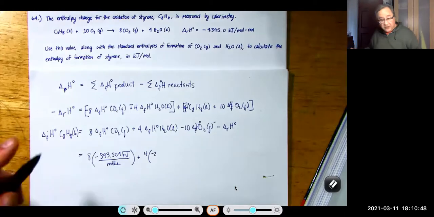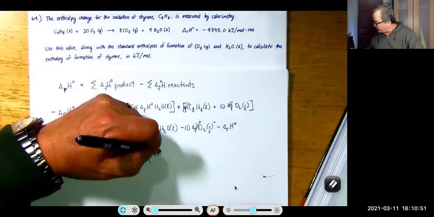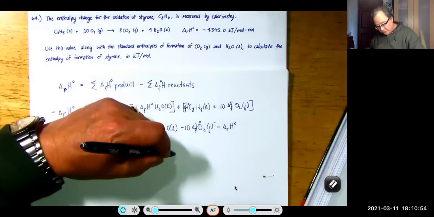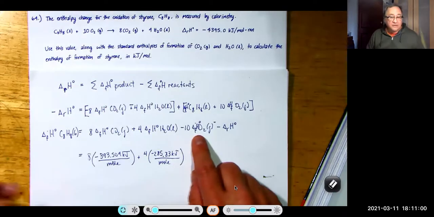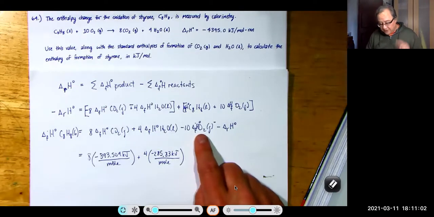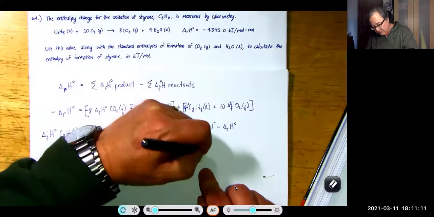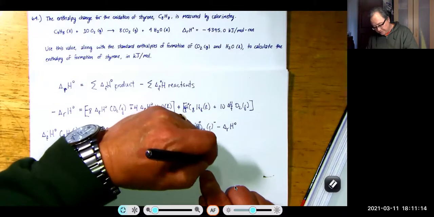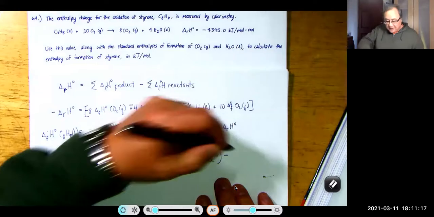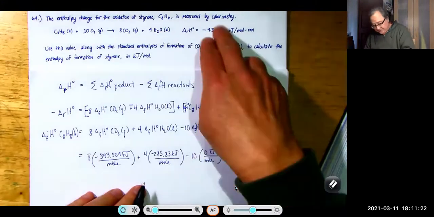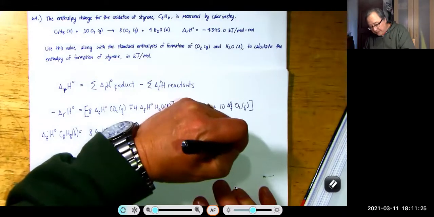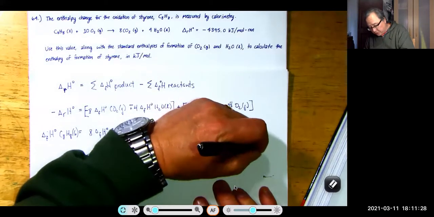Note for the liquid, it's minus 285.83 kilojoules per mole. And what about the enthalpy of formation of oxygen? Well, the enthalpy of formation of any element in its standard state is 0. So we're going to have negative 10 times 0 kilojoules per mole. And then minus the enthalpy of the reaction, which is minus a minus, so negative 4395.0 kilojoules per mole.